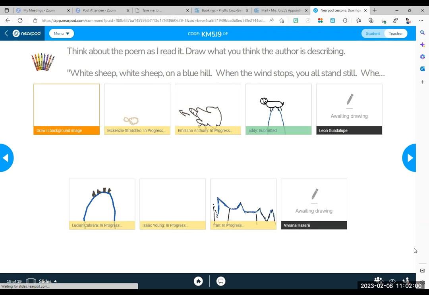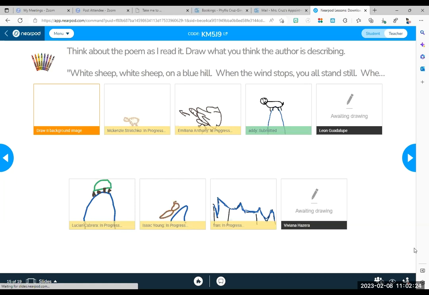A sheep on a hill? Okay, thank you. Frank, what are you drawing? I'm drawing a sheep on a hill. You are? Okay, thank you. Ooh, Lucian, what are you drawing? A sheep on a hill? You're drawing a sheep on a hill too? Everybody's drawing sheep on hills.